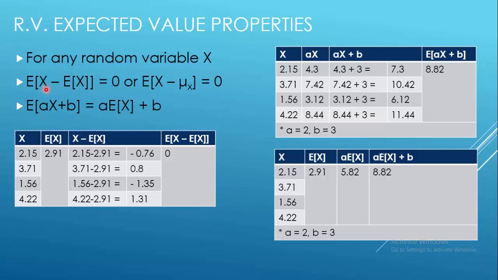If you have variable x and you subtract the expected value from it, and then again take the expected value of that, it will give you 0. The reason is that the total of plus and minus values will be the same, and they will cancel out each other.